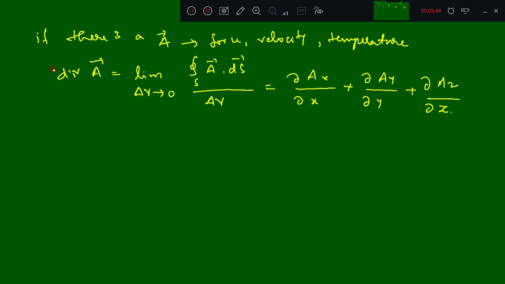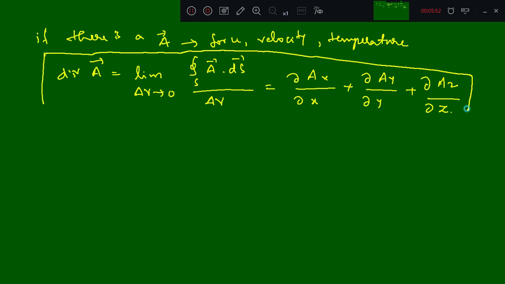So this is one important equation we have to remember. Okay, so this is the divergence of A. A can be anything: a force, velocity, temperature, any gradient values.